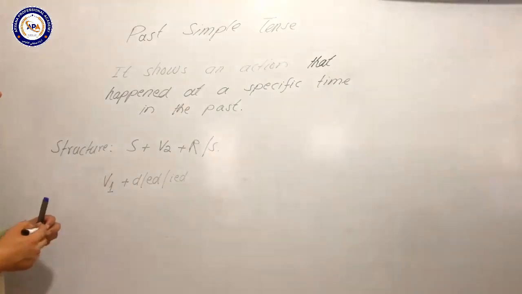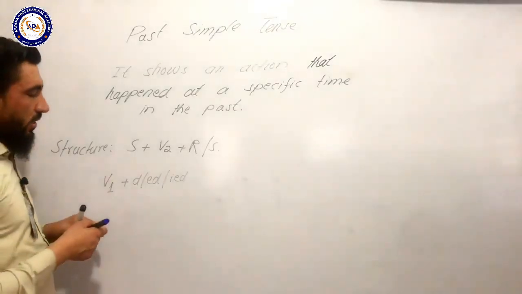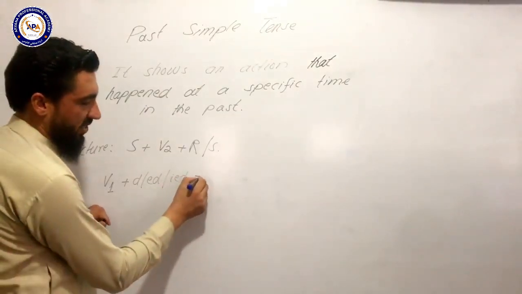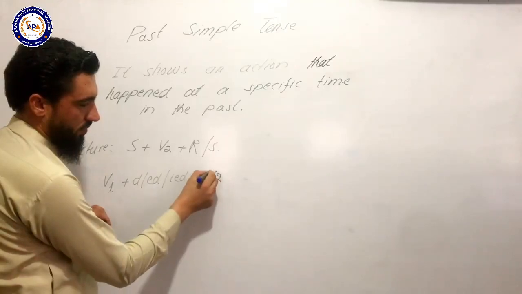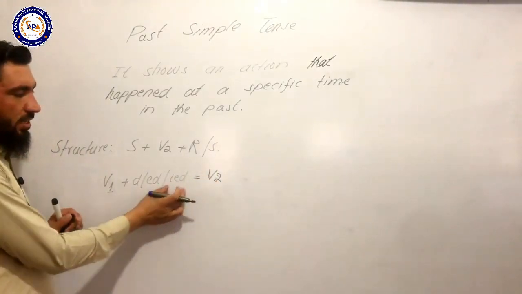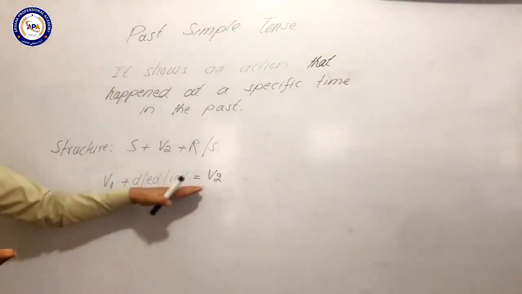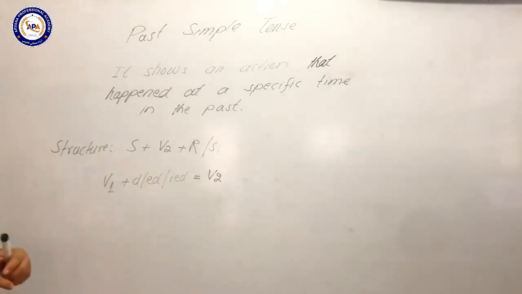And the formula for changing a verb into second form is adding d, ed, or ied at the end, so it becomes the second form.